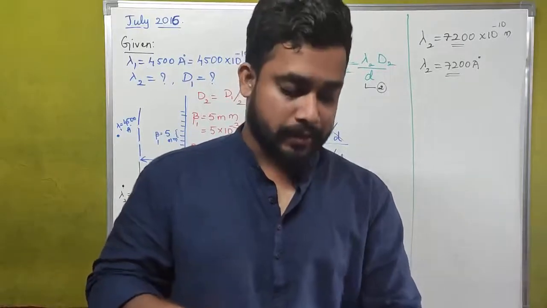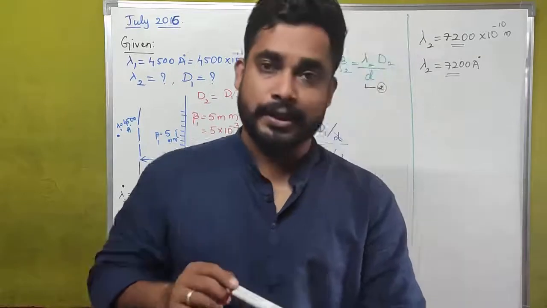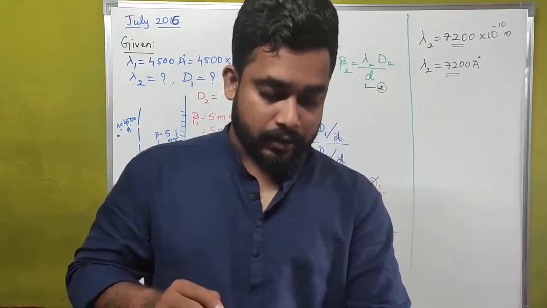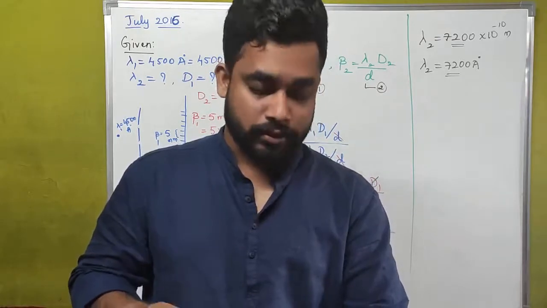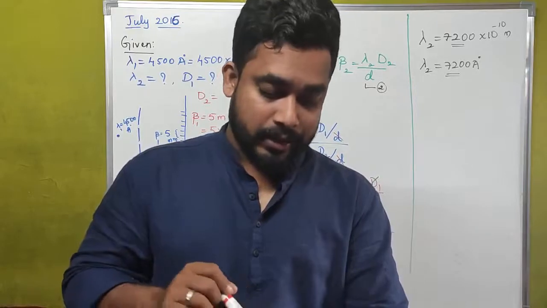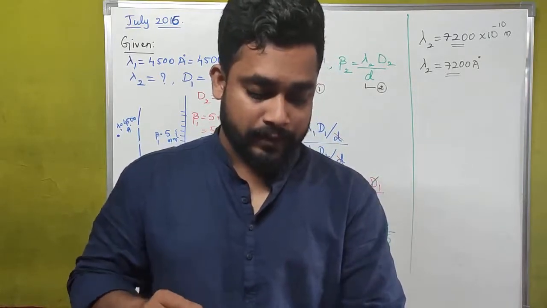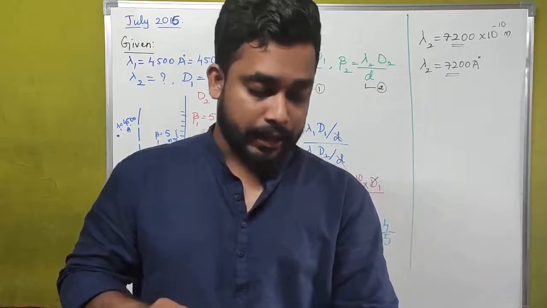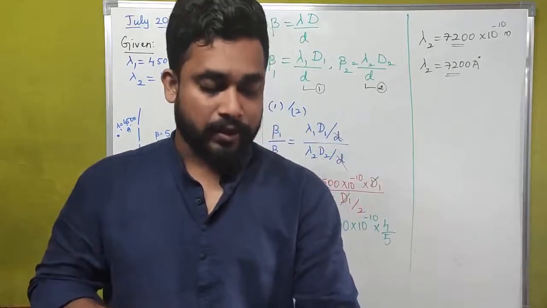The problem is like this. In Young's double slit experiment, distance between the slits is 0.5 millimeter. When the screen is kept at a distance of 100 centimeter from the slits, the distance of the ninth bright fringe from the center of the fringe system is 8.835 millimeter. Find the wavelength of the light used.